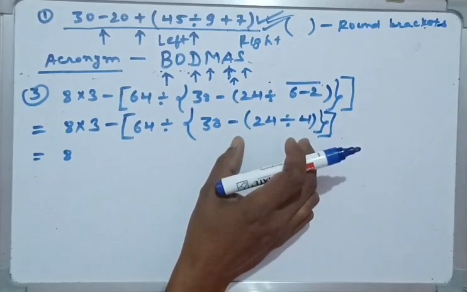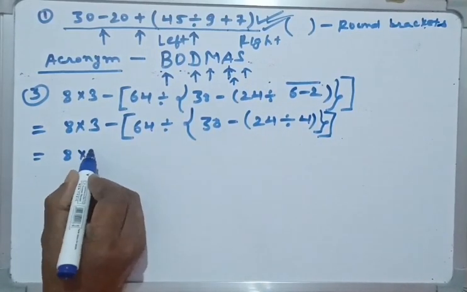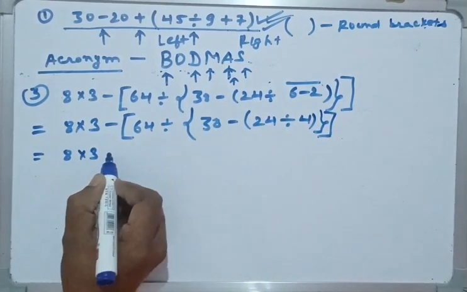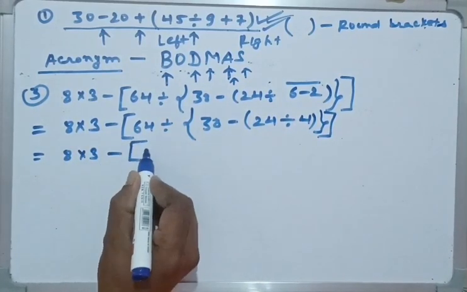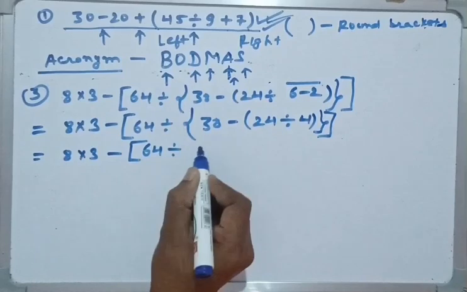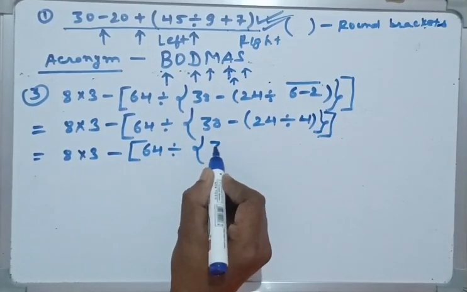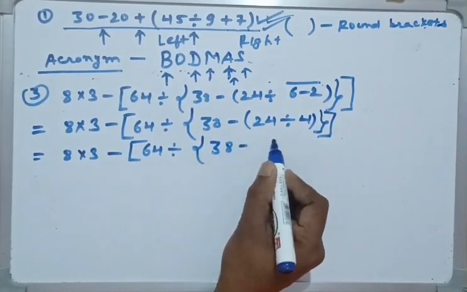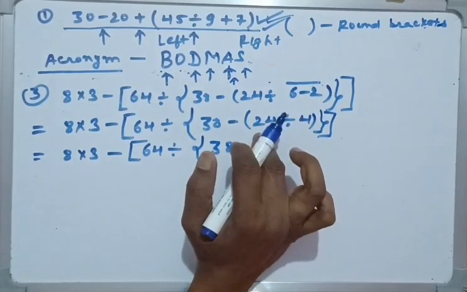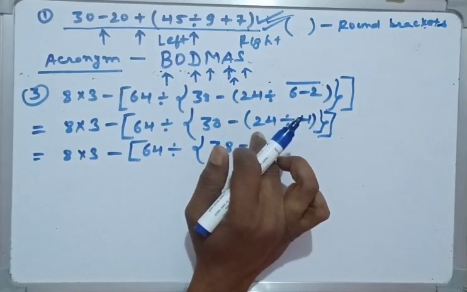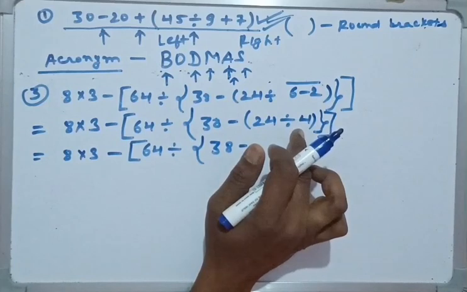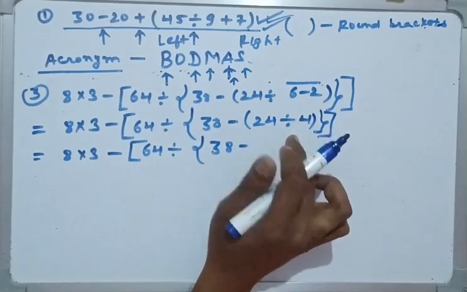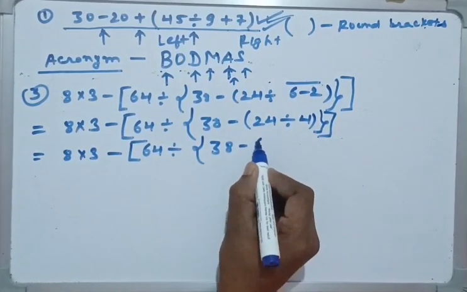The round one. So we can write 8 multiplication 3 with negative sign 64 division, then this left curly bracket 38 with negative sign. Now when you divide 24 by 4, then the answer is 6.